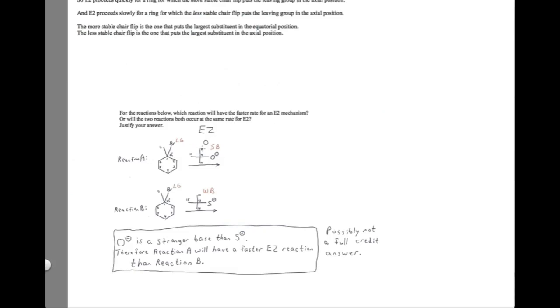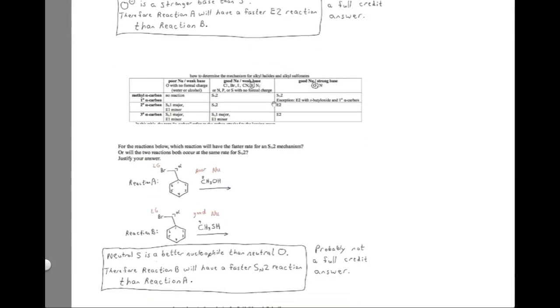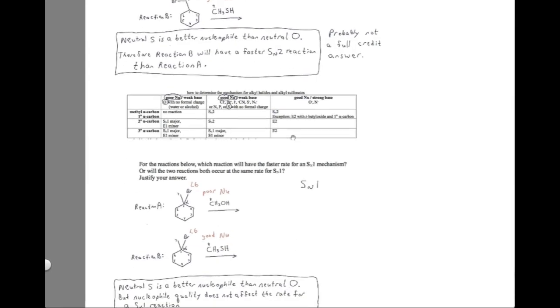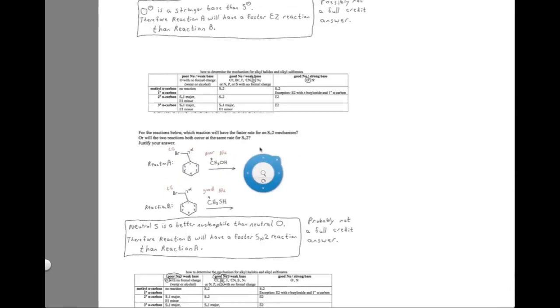So you can see that when you're doing problems like this, it's absolutely crucial to be clear about what mechanism you're using. These last three problems were quite similar, but they had different answers because they were using different mechanisms. When the problem was about E2, it was important to focus on base quality, not on nucleophile quality, because E2 uses a base, not a nucleophile.